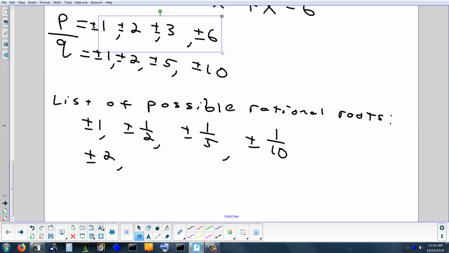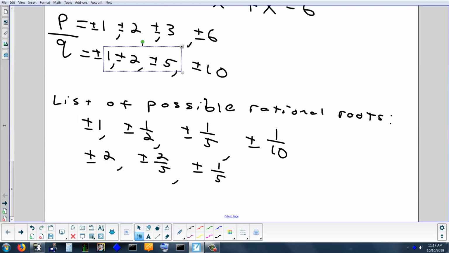So I did 2 over 1, 2 over 2 I already have, 2 over 5, and then 2 over 10, which is 1 over 5. And we might even see these other numbers again later on. So it's always a good idea to reduce it. So that's all the different denominators that have a numerator of 2, and then we reduce some of them.